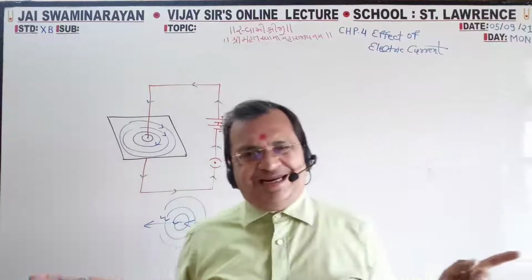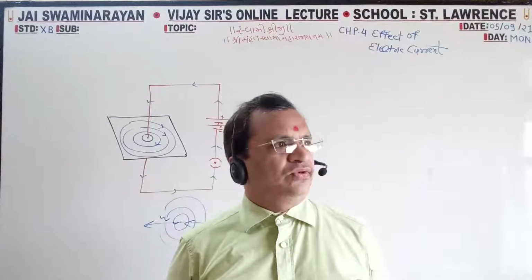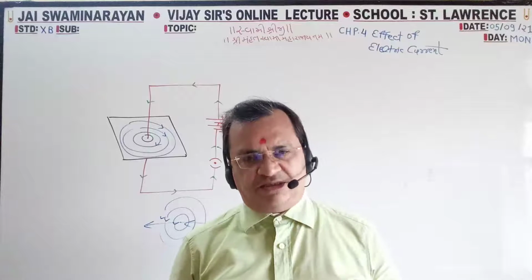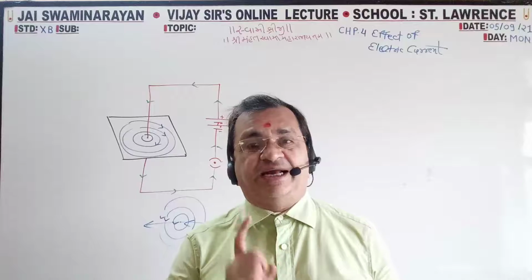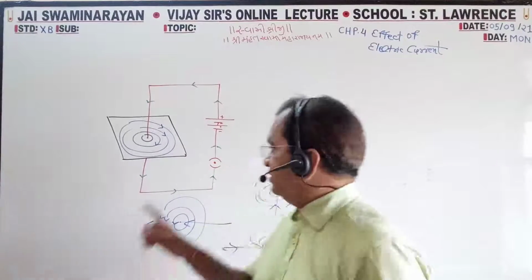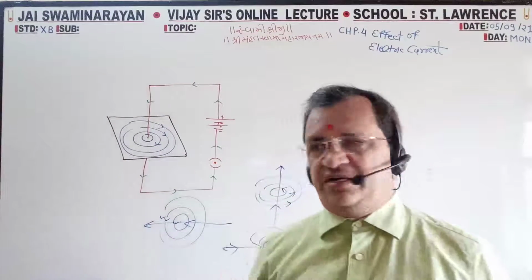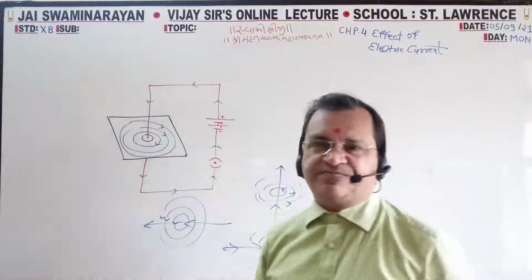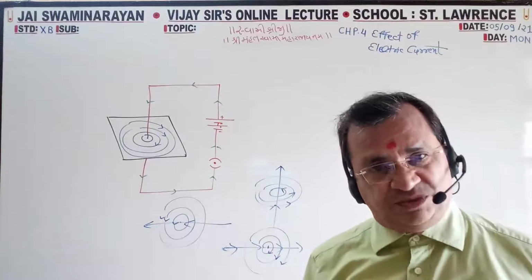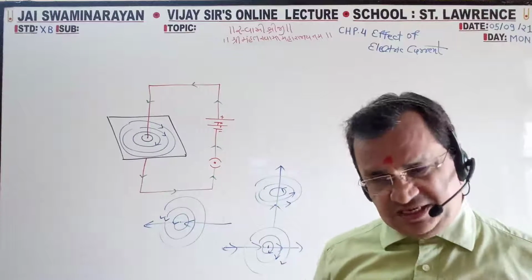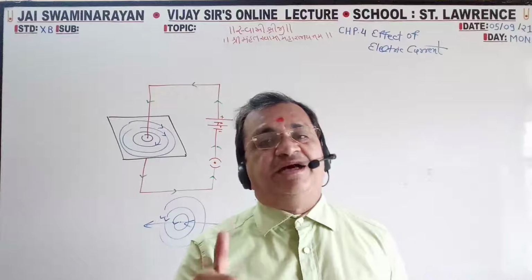There is a relation between the flow of electric current, meaning the direction of electric current, and the direction of magnetic field. These circles are the direction of magnetic field. These are the direction of electric current. Both have a common relation. That relation is indicated by the right hand thumb.